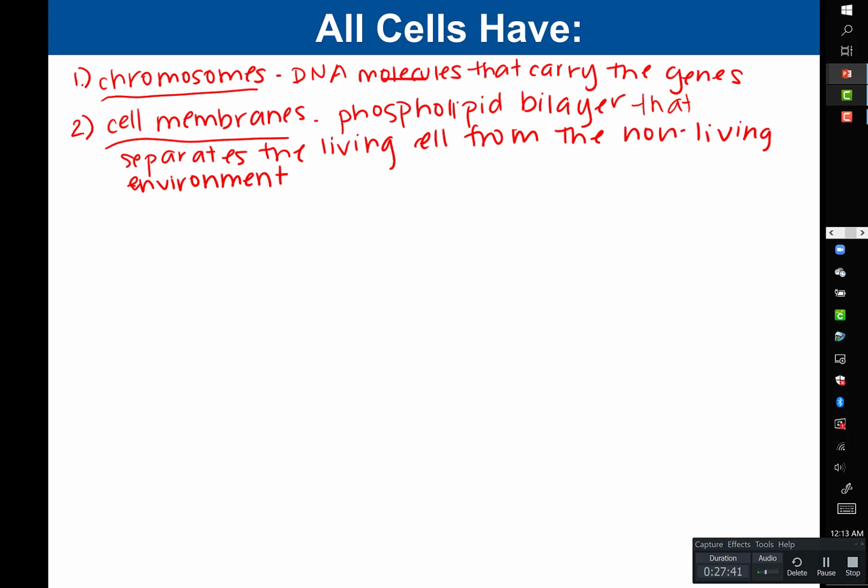So cell membranes, a phospholipid bilayer that separates the living cell from the non-living environment. You can think of this as the edge of life.